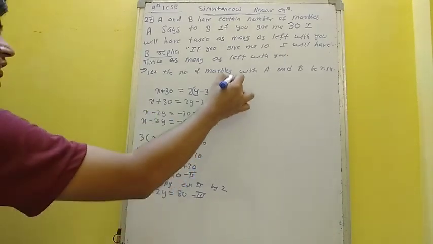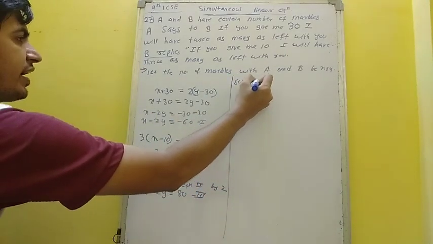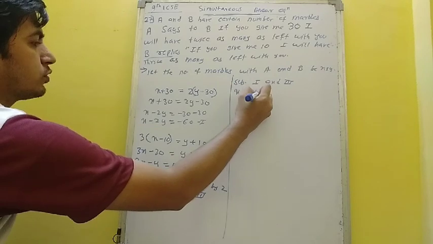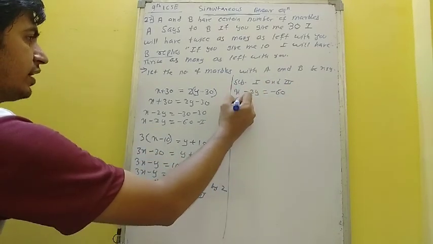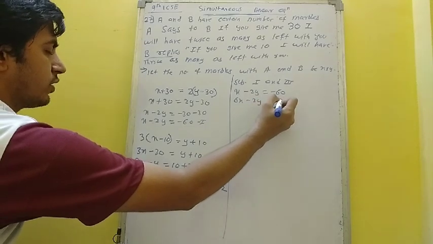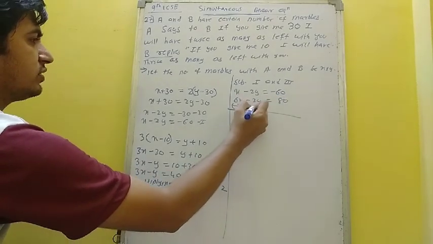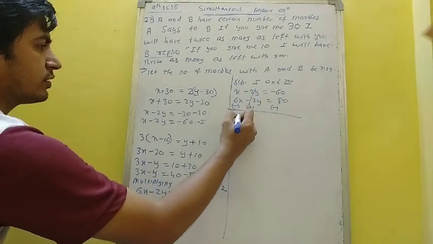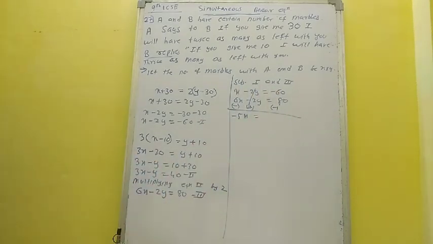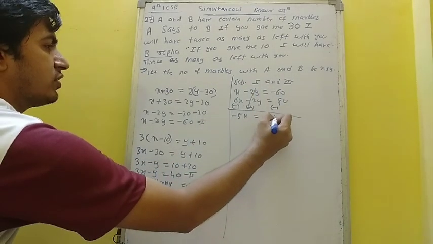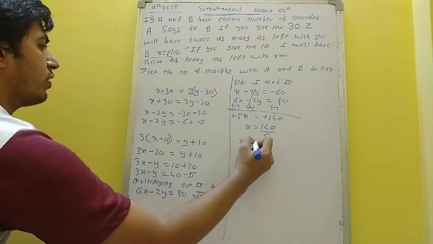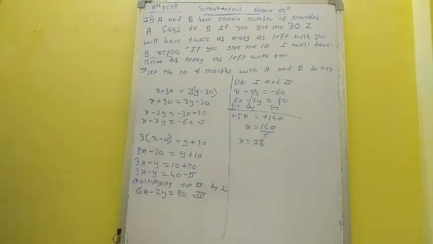So subtracting 1 and 3, we have x minus 2y is equal to minus 60 and 6x minus 2y is equal to 80. Sign gets changed. So x minus 6x is minus 5x and 40 minus 40, addition is minus 40. Minus minus gets cancelled. X is equal to 140 upon 5. 5 2s are 10. 5 8s are 40. X is equal to 28.